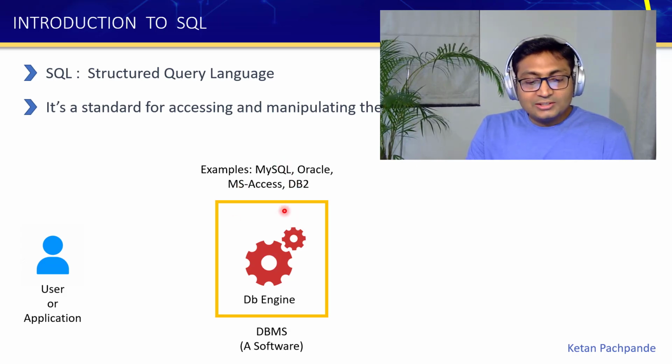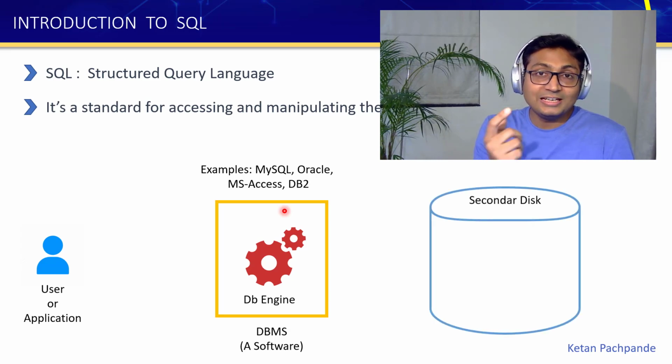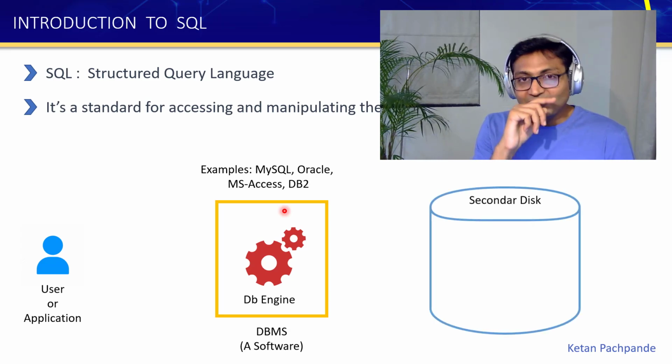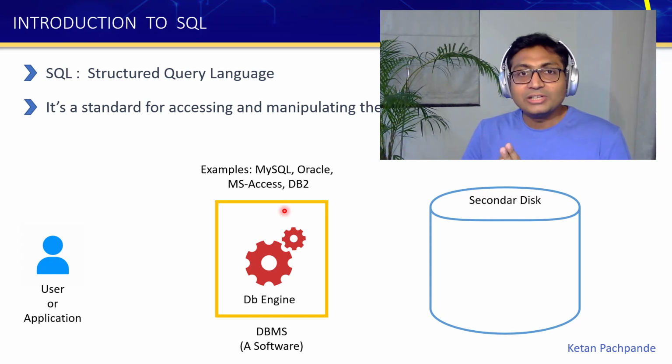Once you install this software, the database management system, the first thing that we need to do is create a database. And where is this database stored? Of course, on the secondary disk. When you open your bank account anytime via your mobile application or internet banking, you always see the transaction details for years, isn't it?